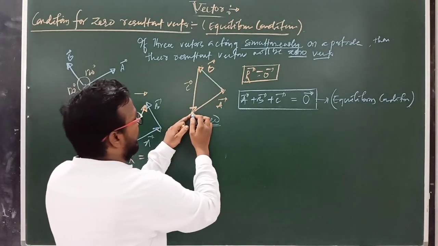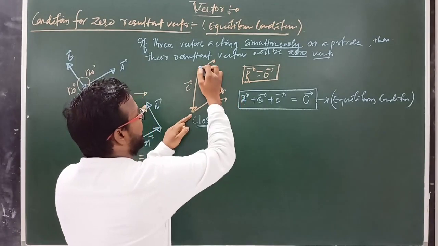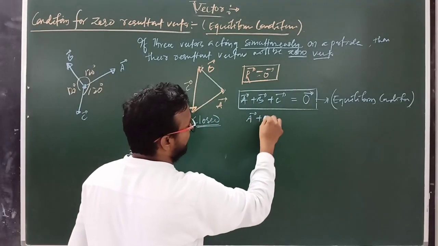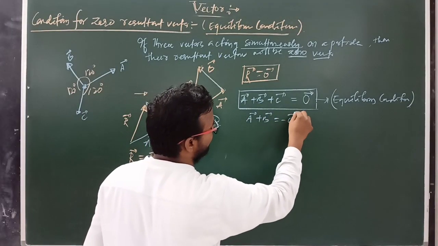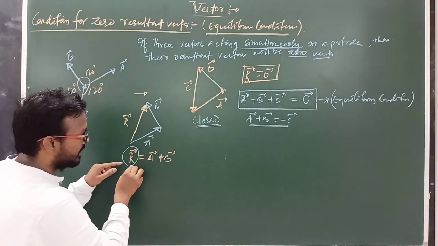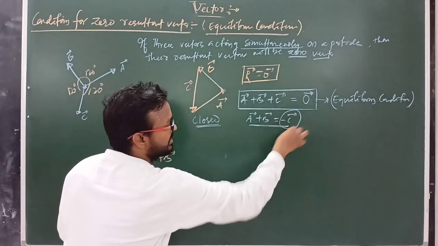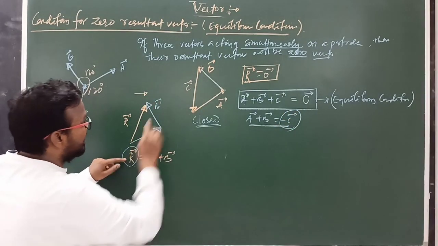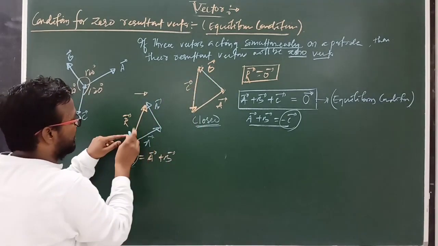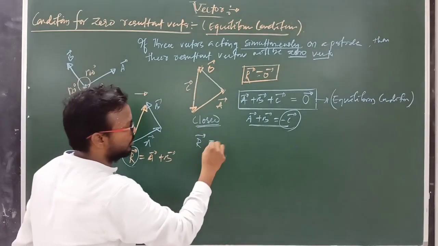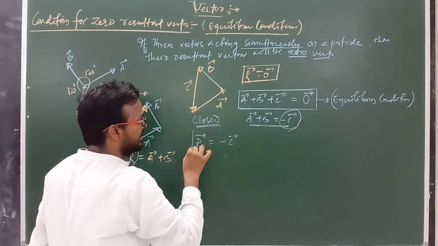Now come to this triangle. Here A vector plus B vector plus C vector, and I am writing that A vector plus B vector is equal to minus C vector from this relation. Clear? So here R vector is the negative of C vector. This R vector has the same magnitude as C vector, but the direction is opposite, so R vector is the negative of C vector.